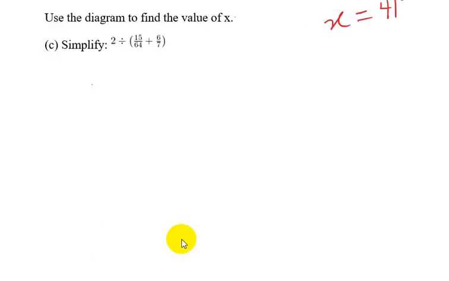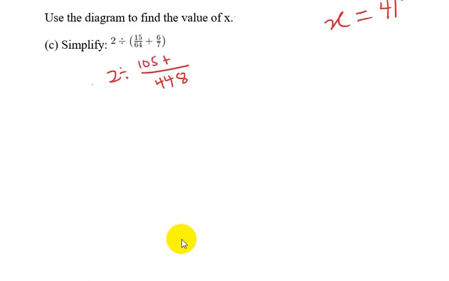41 degrees. The next one says 2 divided by a bracket, that's a fraction, 15 on 64 plus 6 on 7. So what we're going to do is find the LCM of the terms in the bracket. After that we divide. So we get 2 divided by, now the LCM for 64 and 7 is 448. So 64 goes into 448 7 times. So 7 times 15 is going to give us 105.